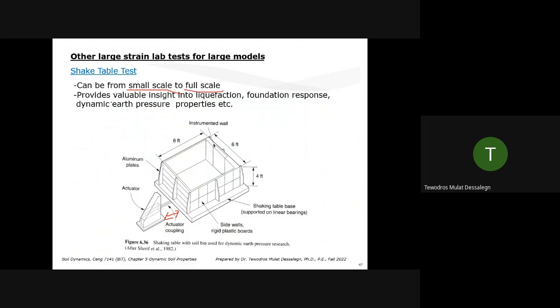It provides valuable insight into liquefaction, foundation response, dynamic earth pressure, etc. If you are studying dynamic earth pressure, you can put monitoring equipment, accelerometers and pressure meters along the depth and measure how it varies during the shaking. Or you can put an actual foundation on top and see how the settlement and bearing capacity failures occur during a seismic event.